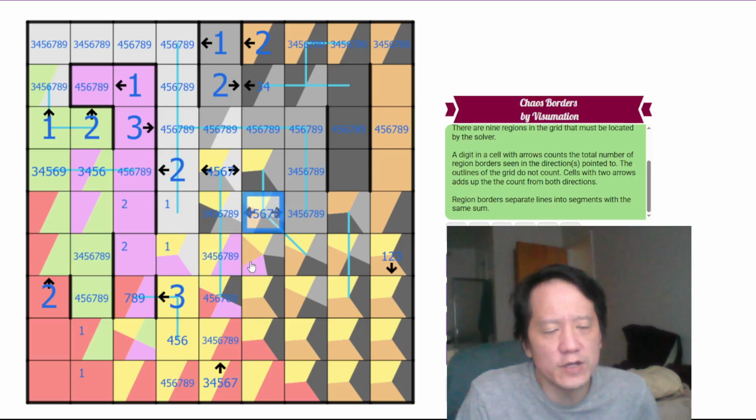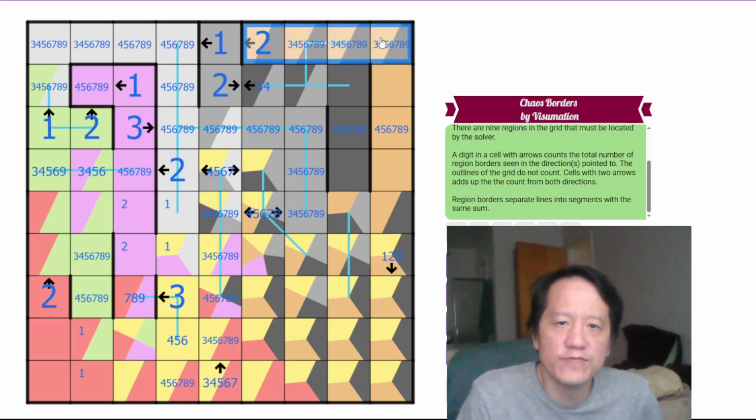Can this ever be 8? Red, green, pink, light. It could be dark, dark, medium, dark with orange there. Oh wait, this is 1, 2, 3, 4, 5, 6, 7 at most. So this has to be orange here.